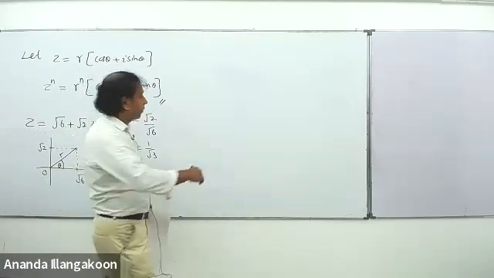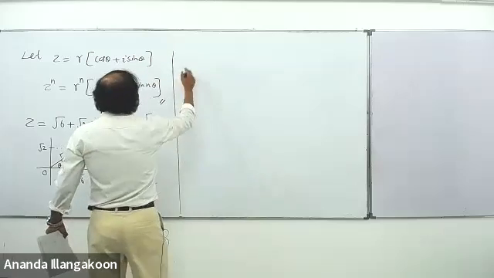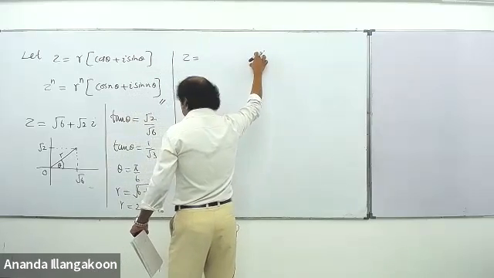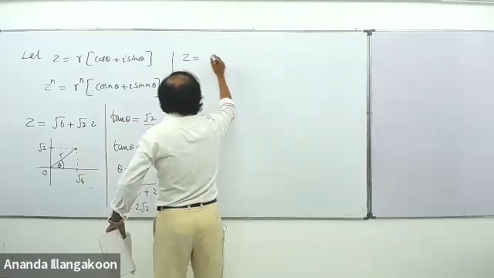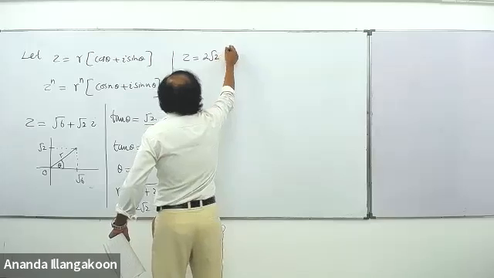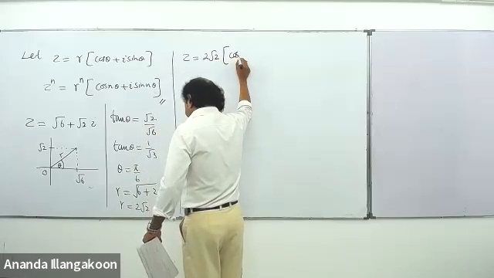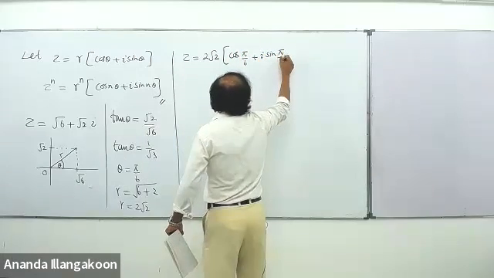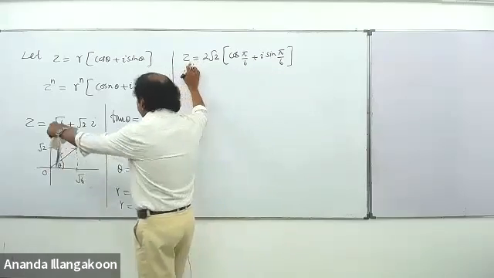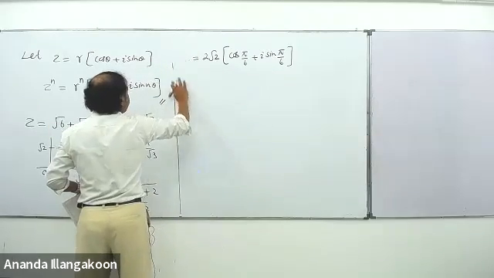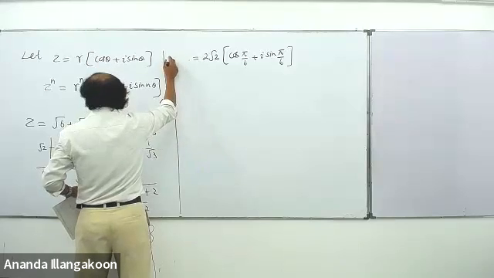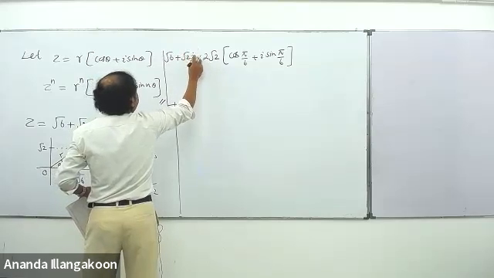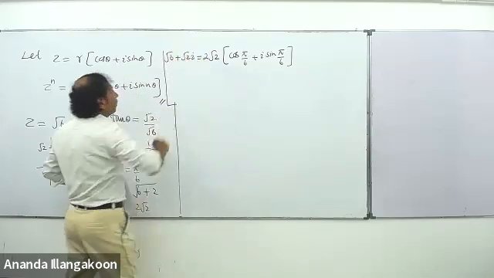Then you can write that complex number as r cos theta plus i sin theta, where r is 2 root 2: 2 root 2 times cos pi by 6 plus i sin pi by 6. That is root 6 plus root 2i. This is correct.